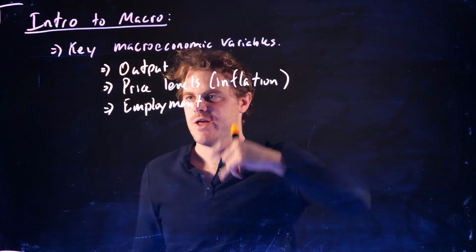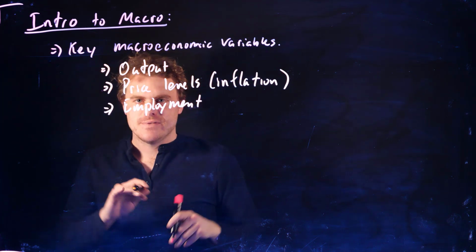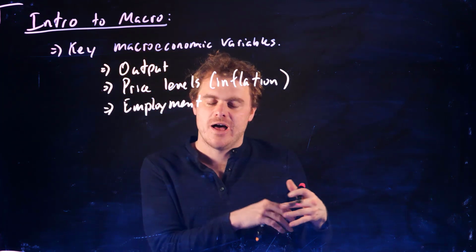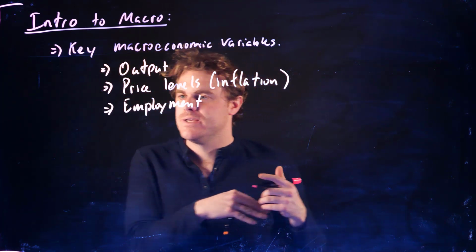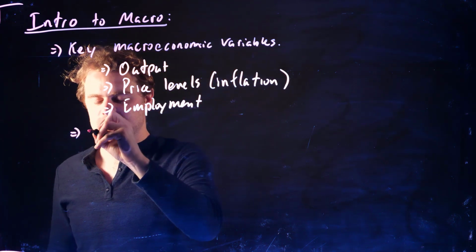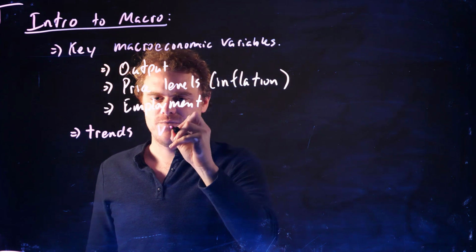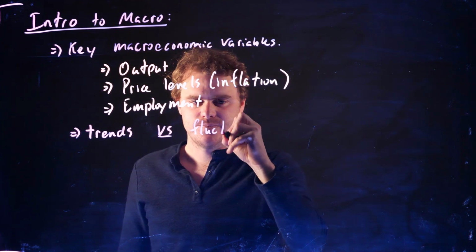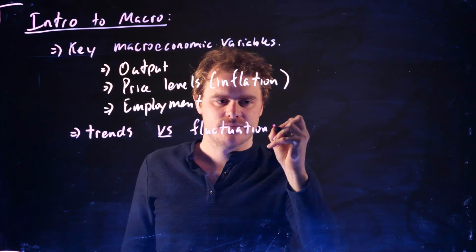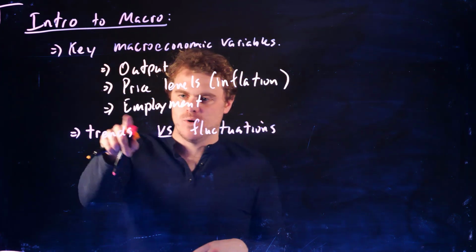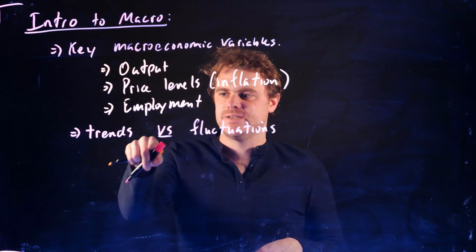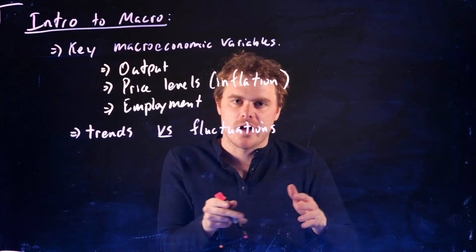So we're going to concentrate on these three pillars, and as I tried to underline in the live session this week, what we really want to do is concentrate on trends versus fluctuations. So we're thinking about both the long-term trends of these variables, what's happening over a long period of time.